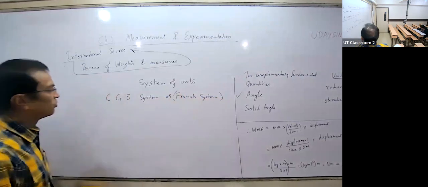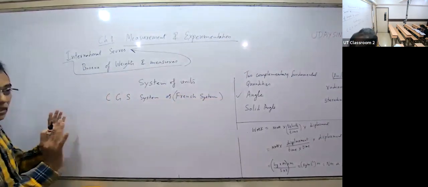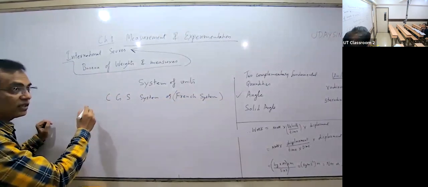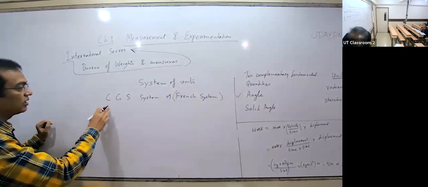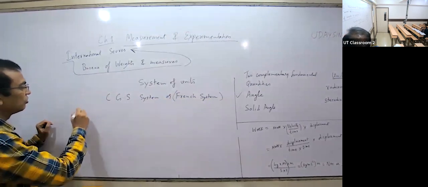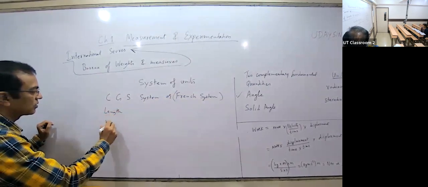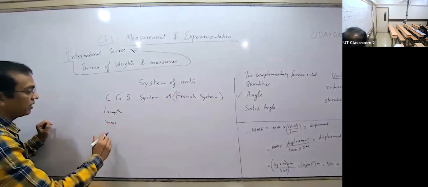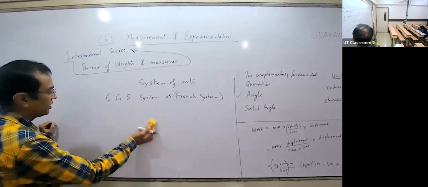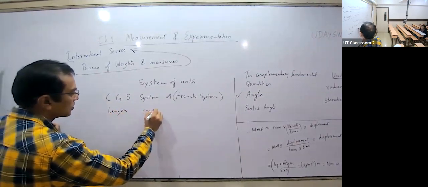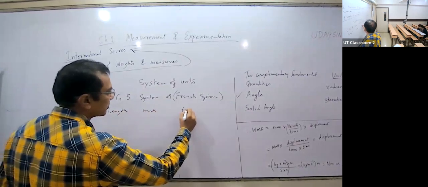Basically, this is how the units of the basic quantities were defined. What are the basic quantities? Length, mass, and time. Let me write it vertically: length, mass, and time.